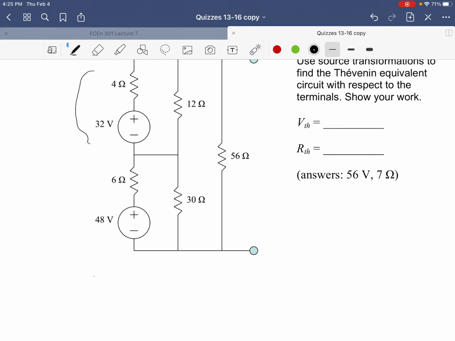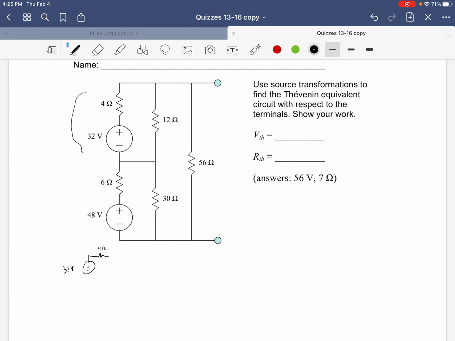I've got a plus or minus 32 volt source, and I've got a 4 ohm resistor here, and then I'm going to draw it like this, and I've got a 6 ohm resistor and a 48 volt source.